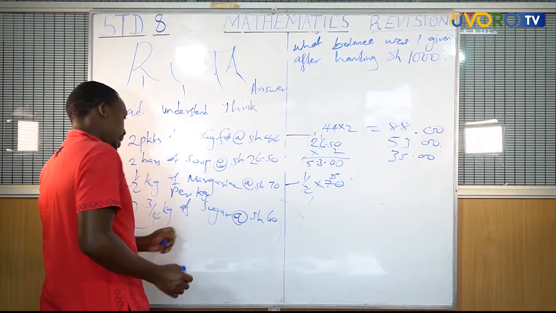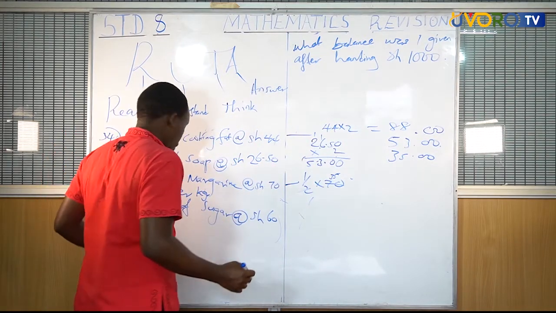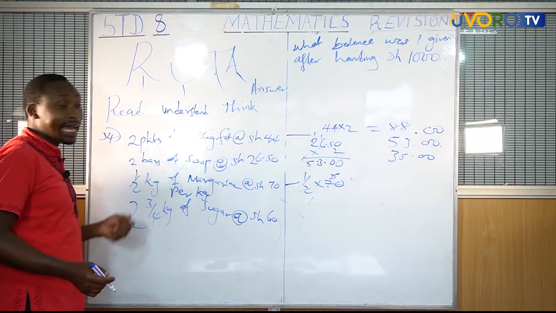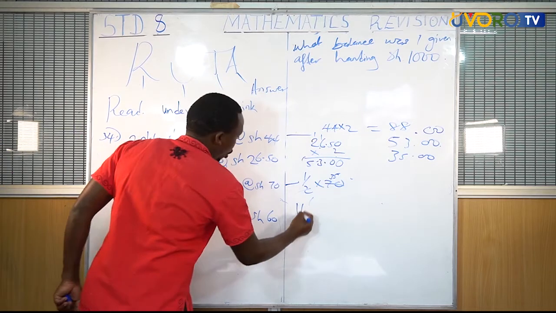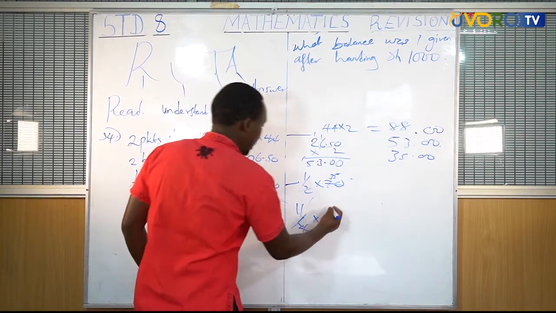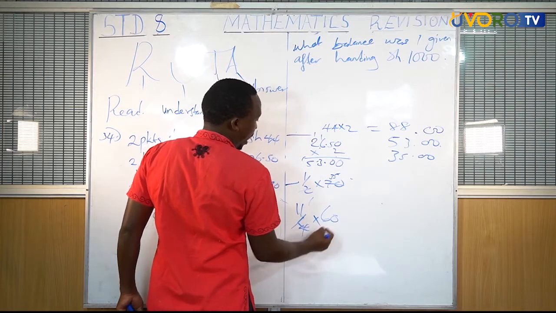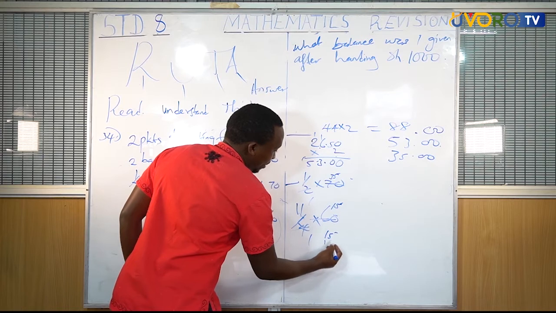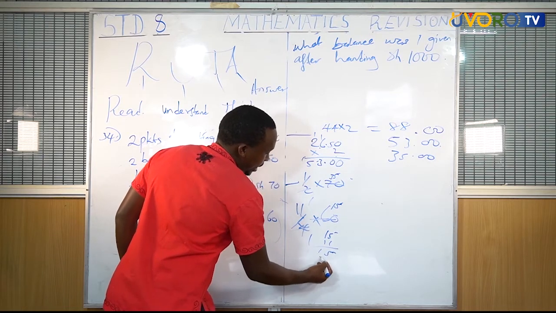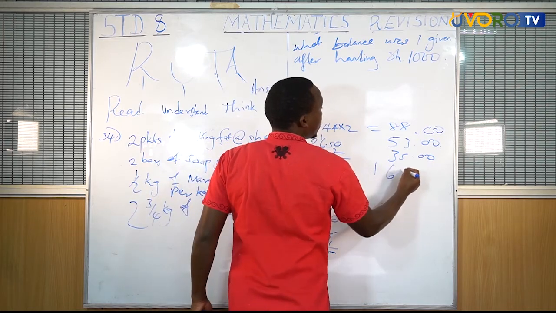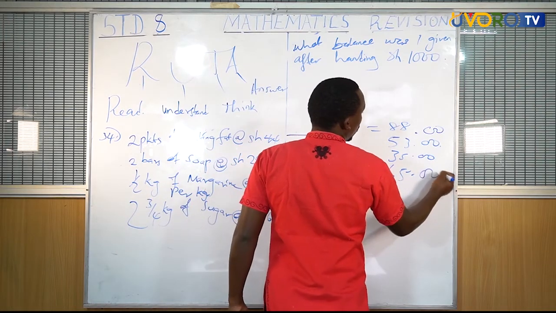This one is at shillings 60, so you change into an improper fraction. 4 times 2, 8, plus 3, 11/4, times 60. 1 by 4, 15. 15 times 11 is 165.00.